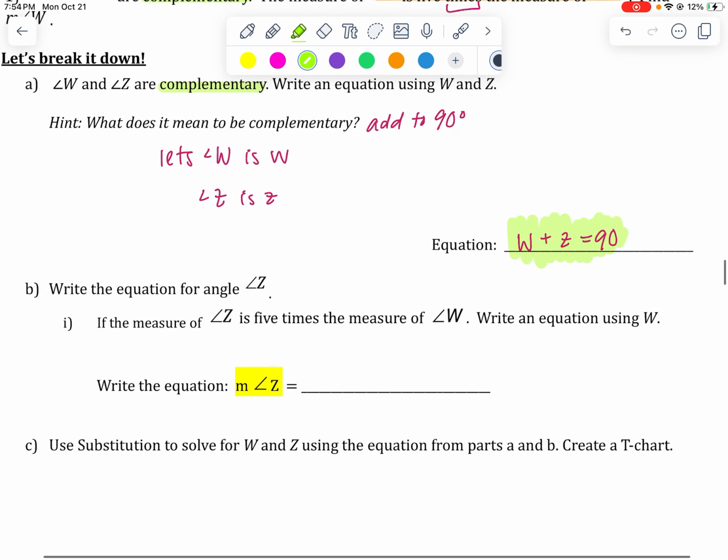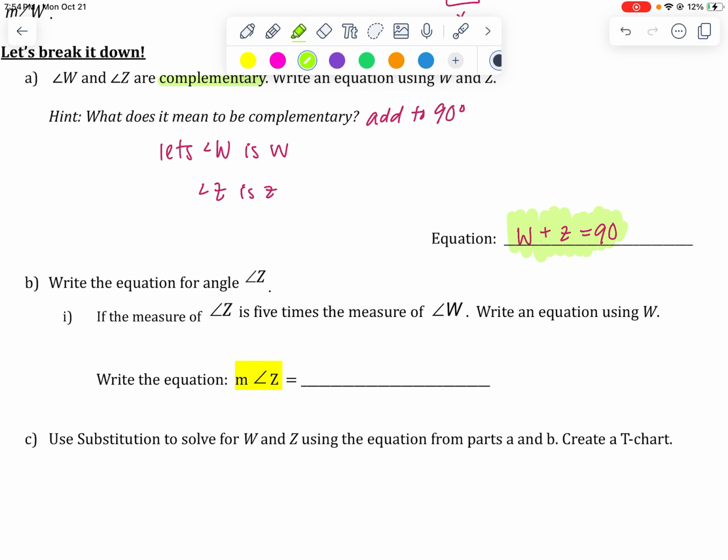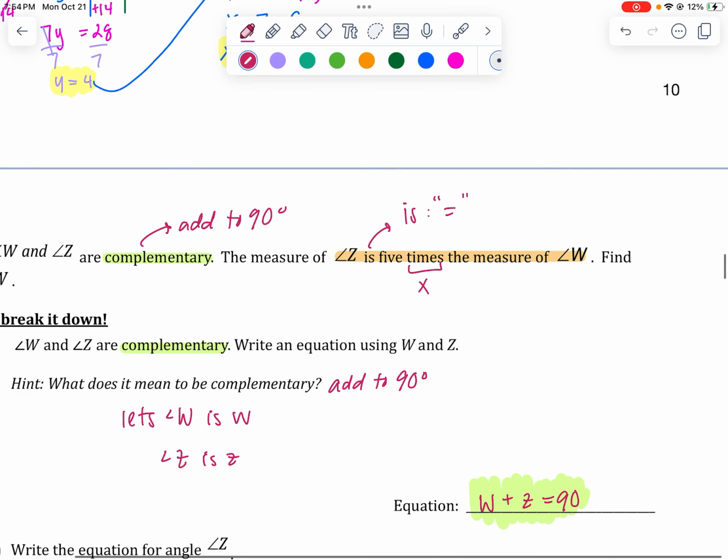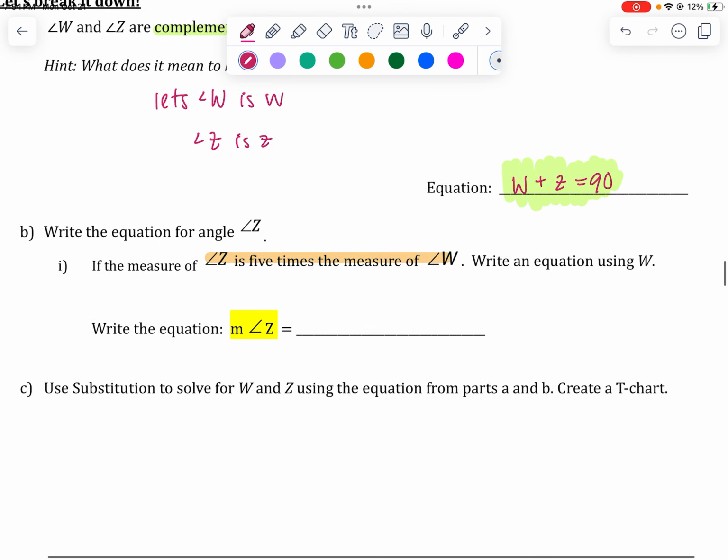Part B, it says the equation for angle Z. So it says if the measure of angle Z is 5 times the measure of angle W, we have to write an equation using W. So again, I said up above that "is" is like another word for equal.